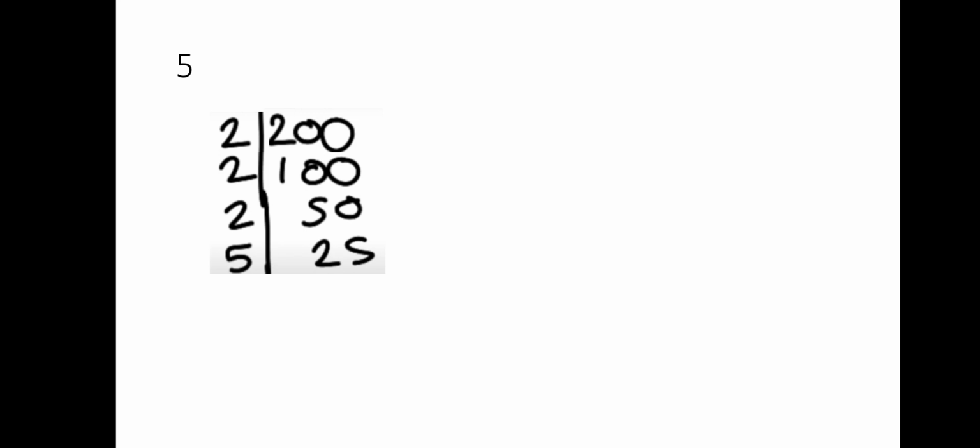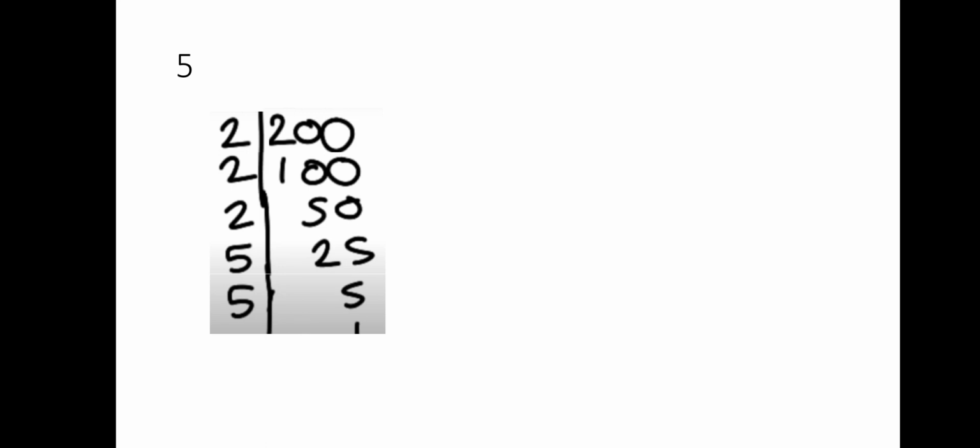We can't do 25 divide 2, so we have to look at the next higher up prime number which we can do the division, and that would be 5. So 25 divide 5 is 5, and we can divide that by 5 as well, and that gives us 1.